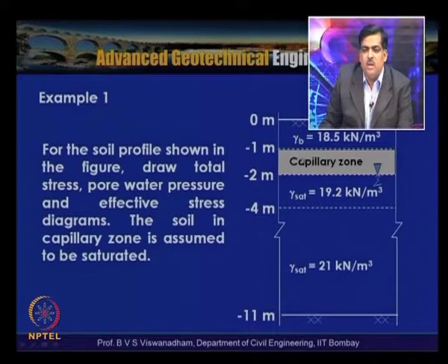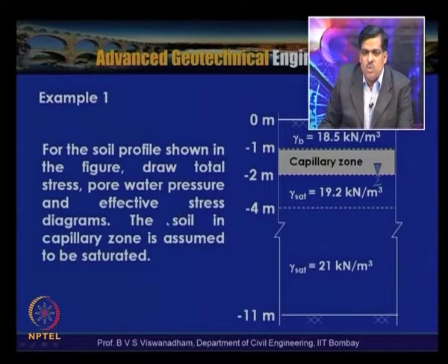From -1 to -2 meter, by virtue of the groundwater table here, the soil is in the capillary zone, where the water column is maintained up to 1 meter above, so saturation is prevalent. From -2 to -4 meter it is again saturated. There are two types of soils: layer 1 from 0 to 4 meter, and from 4 to 11 meters there is layer 2, which is about 7 meters thick.